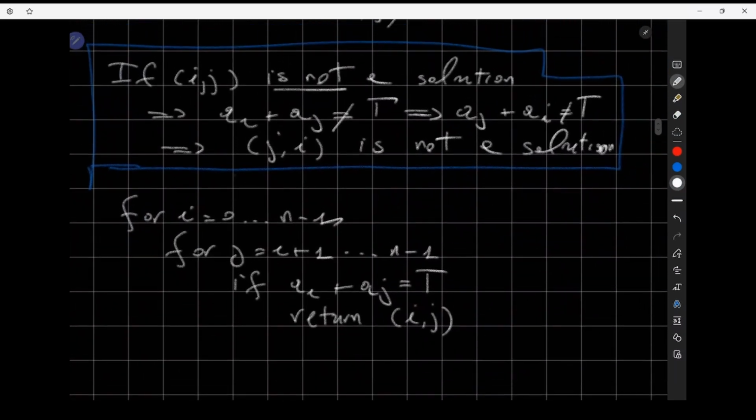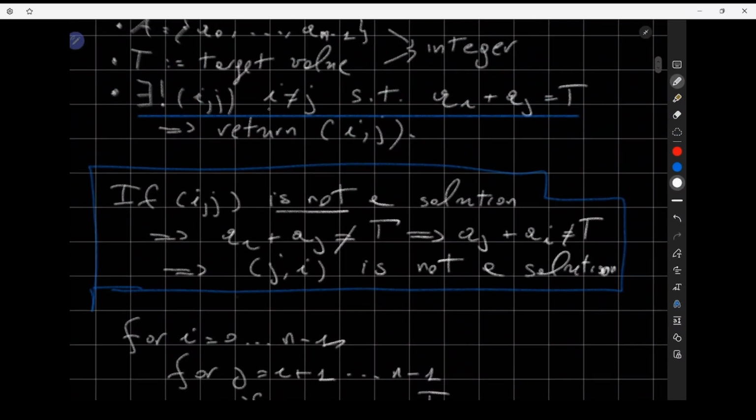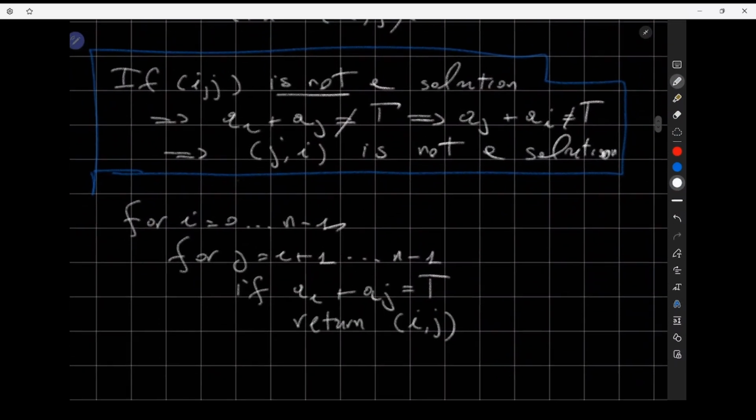Now, let's observe that, first of all, the fact that i needs to be different from j in the pseudocode is essentially taken into account by the fact that j will always start from an index different from the current i.